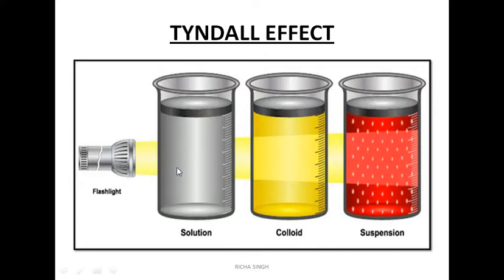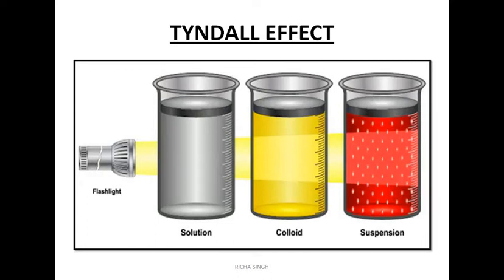When a beam of light is passed through a solution, a colloid and a suspension, you can see that in the solution the light is not visible, but it can be seen in case of colloids and suspension, because the size of solute in colloid and suspension is comparatively bigger than that of solution, which helps in scattering of the light.